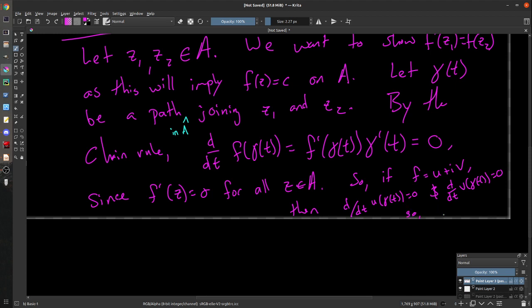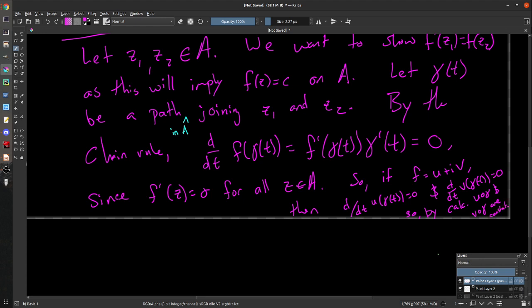So, by calculus, u and v are constant. Or really, I guess I should say by calculus, u composed with gamma and v composed with gamma are constant.